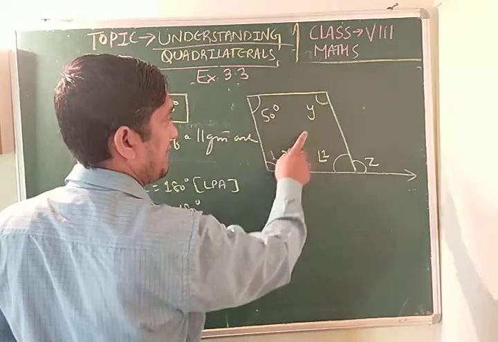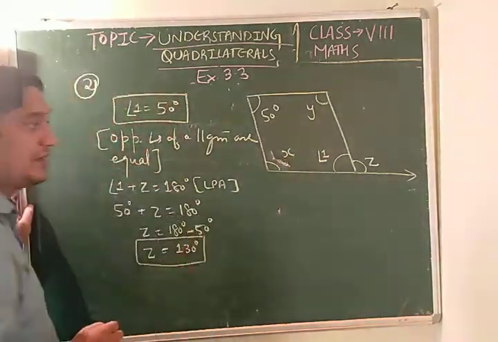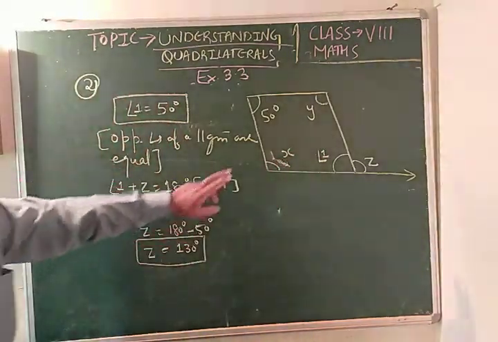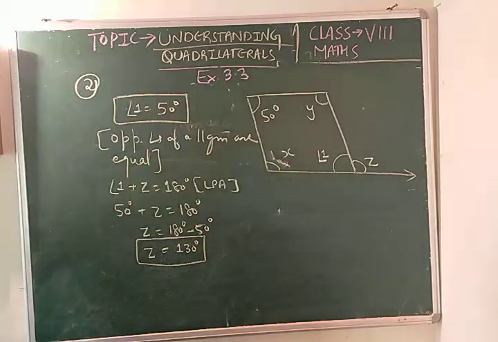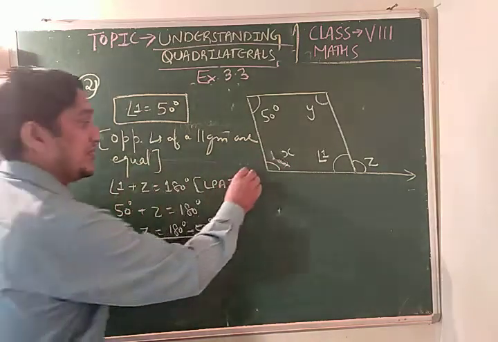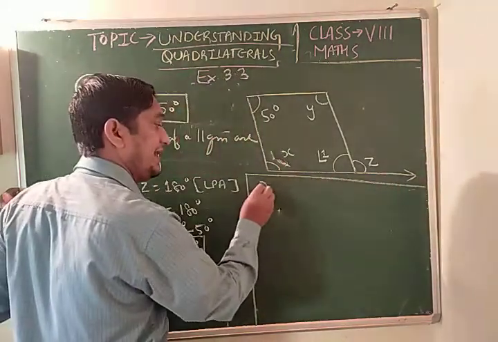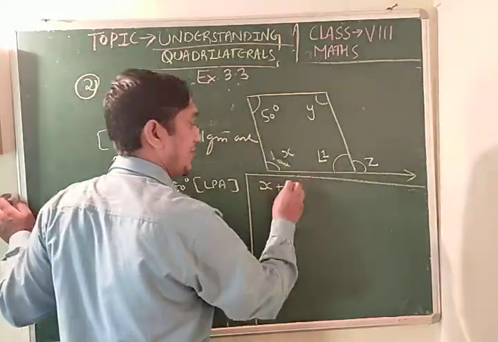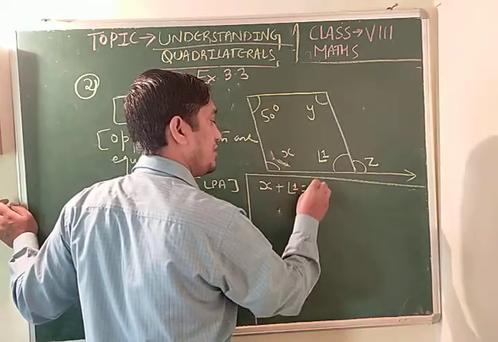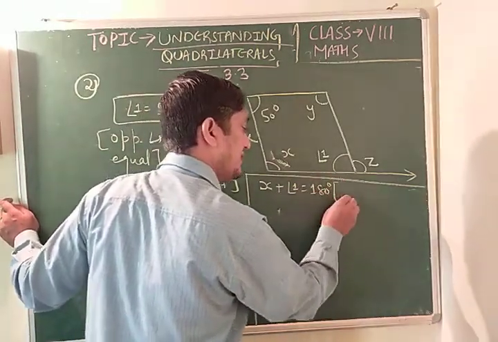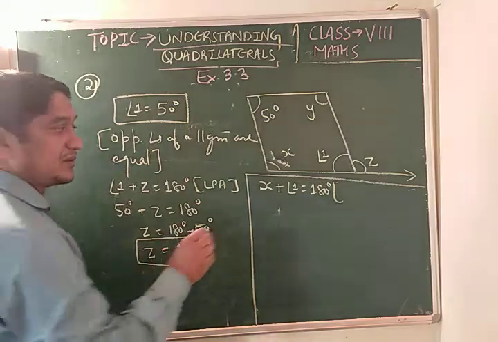Now which one is left? This y and this x. Now children, look, the relation between angle x and angle 1 is also 180 degree because of the consecutive angles.